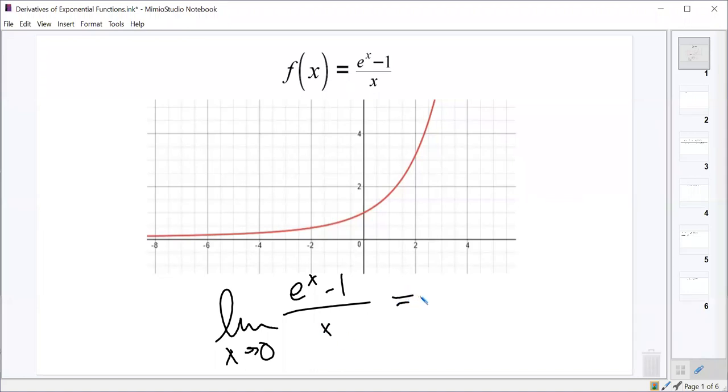Looks like 1. I'm going to tell you with 100% certainty that that limit is 1. I'm not going to prove it to you right now, but we're going to need that for something we're going to do in a little while. So the limit as x approaches 0 of e to the x minus 1 over x is equal to 1.